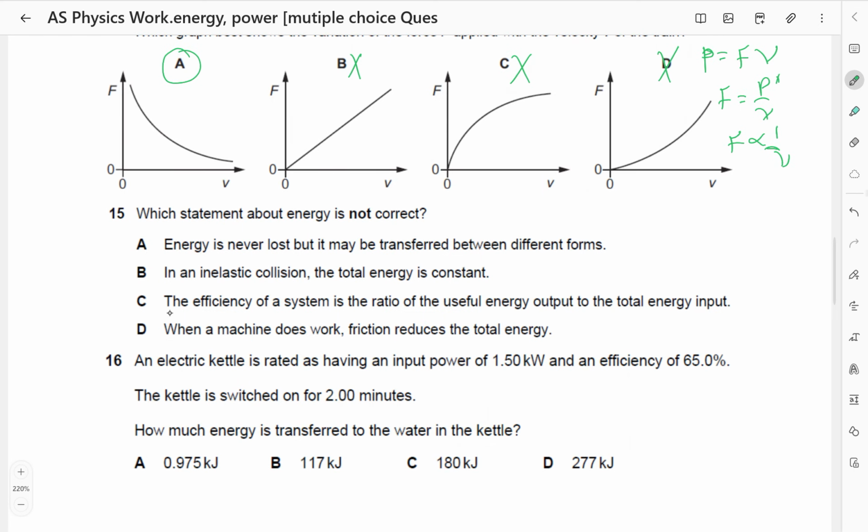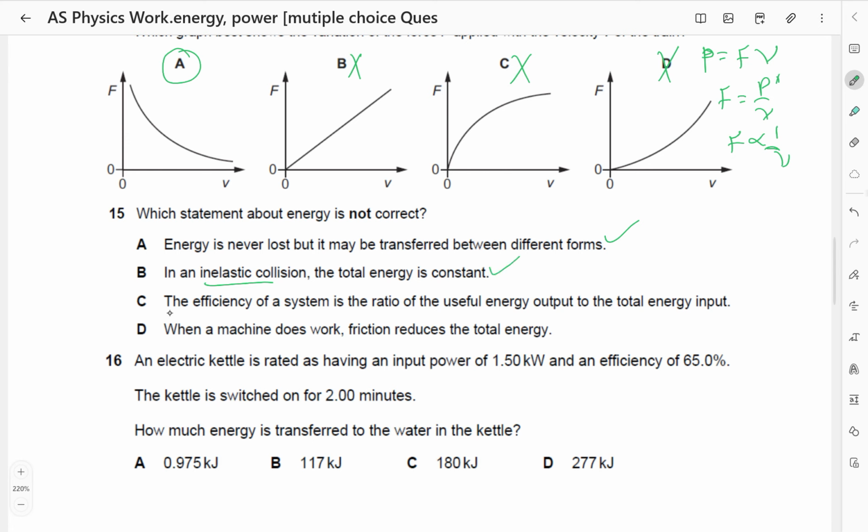Which statement about energy is not correct? Let's check. The first one, energy is never lost, but it may be transferred between different forms. That is true. In an inelastic collision, total energy is constant. That is also true.